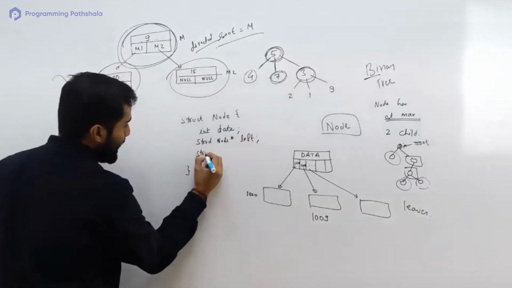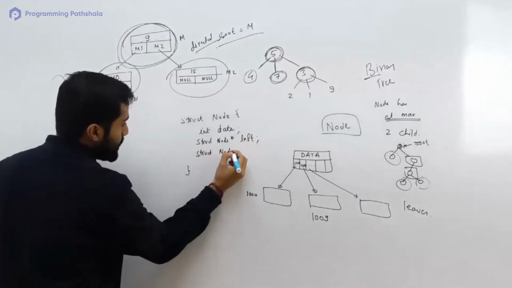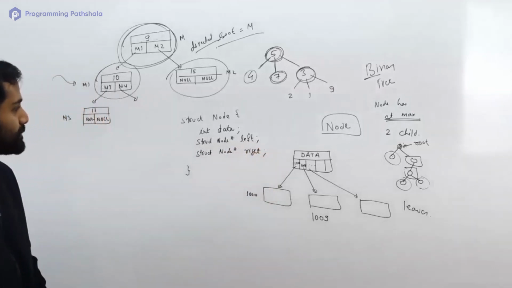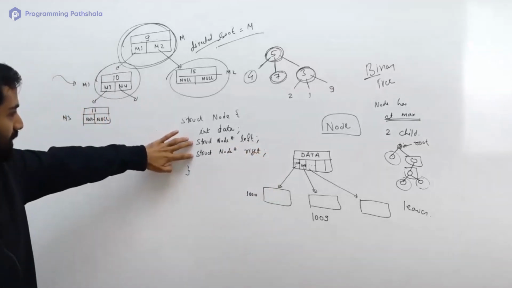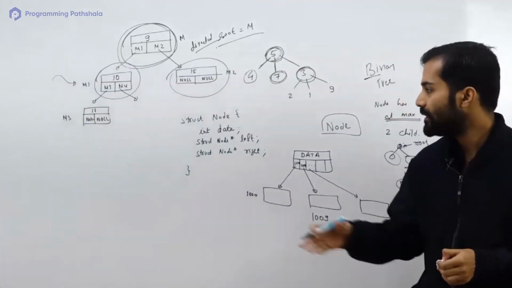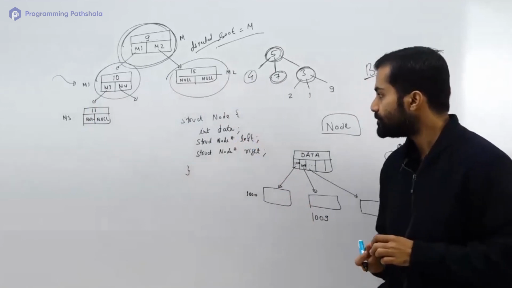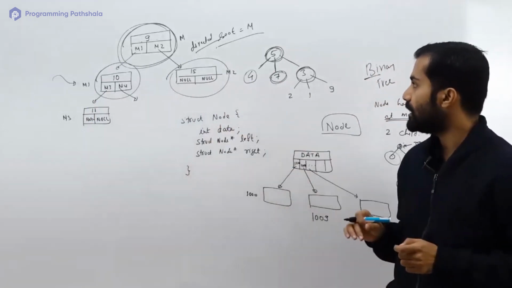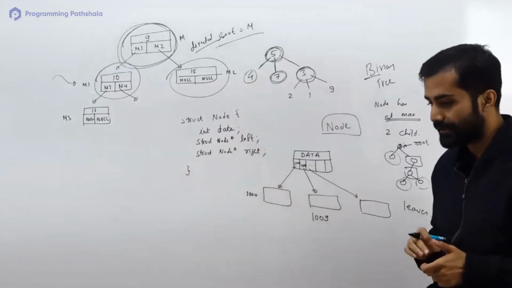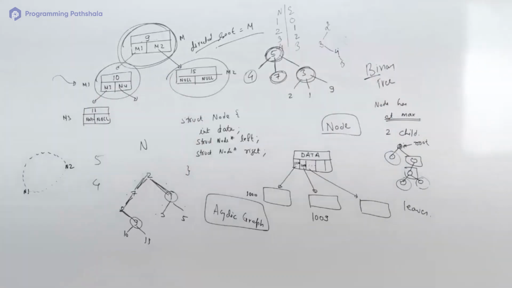And similarly, you will have struct node star right. If you are using C++ as your language, then this struct keyword over here could be redundant. You can check your version and types. You can omit that. That's up to you. Cool. So this is the actual structure of the nodes that we'll be using in general.